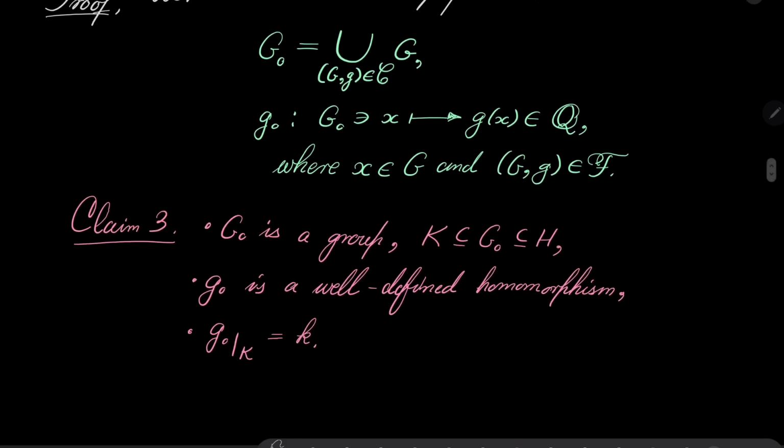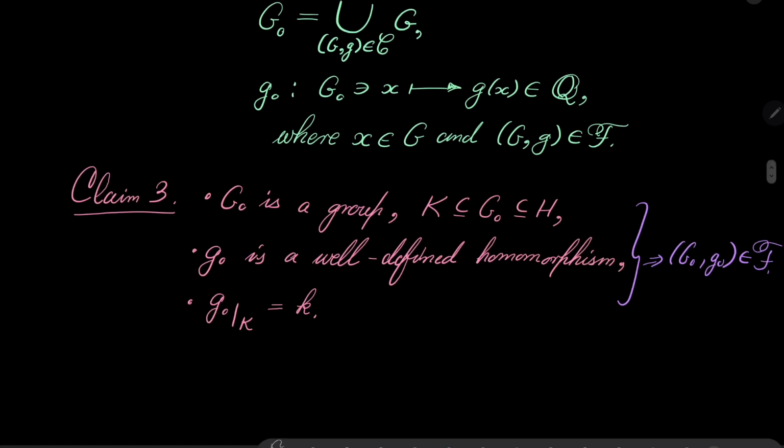My subclaim is that it is a group between K and H, and that G0 is actually a well-defined homomorphism, and that G0 restricted to K is again K. All of that means that G0 is in our family F. Let's prove claim number 3.